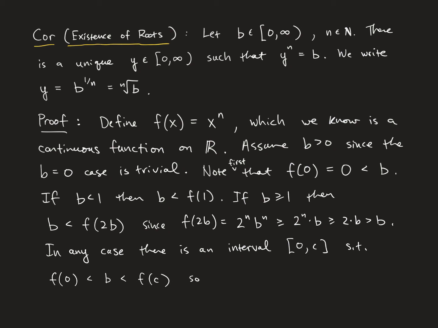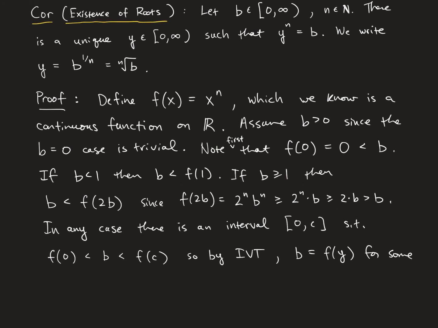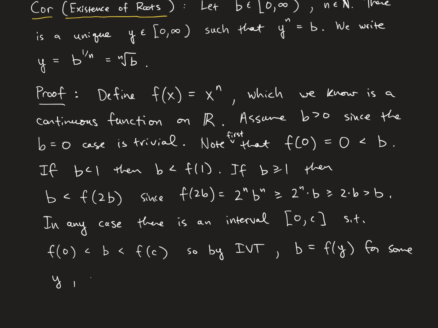So by the intermediate value theorem, b equals f of y for some y, i.e. b equals y to the n.